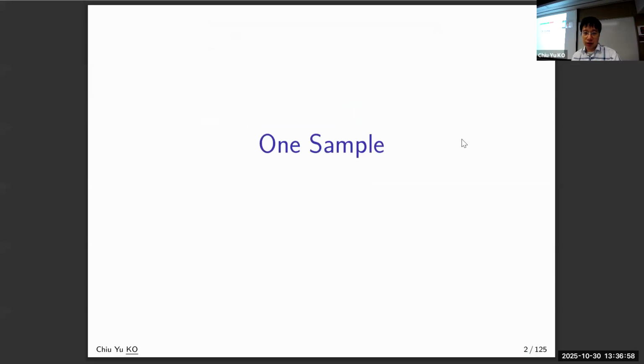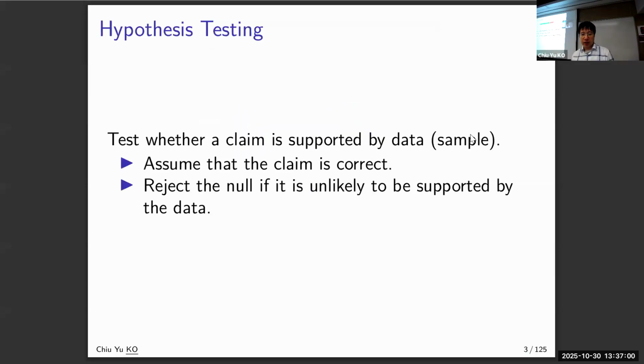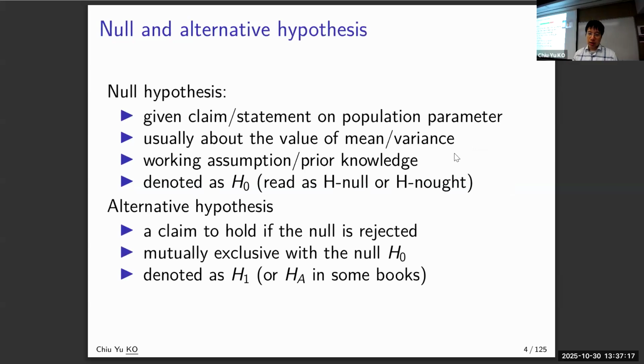So just to quickly review, hypothesis testing is where you use the data to see if the claim is correct. The claim, in our context, is that the population mean is a certain value, and we want to see if it is supported by the data. The null hypothesis you want to test is an equality.